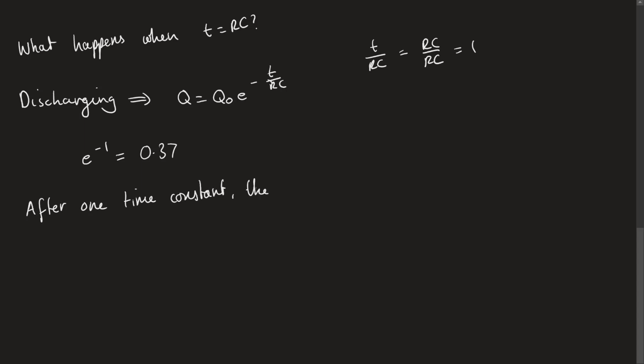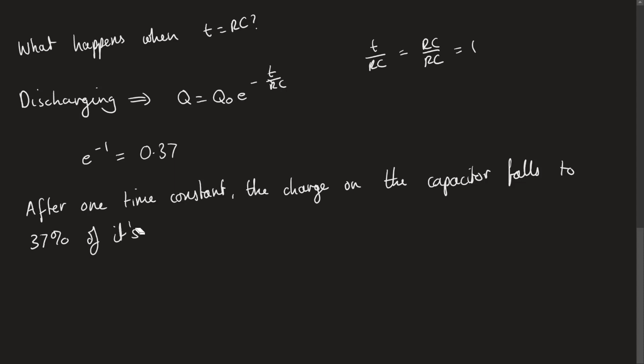Now what this means is after one time constant, the charge on the capacitor falls to 37% of its maximum value, or its original value.